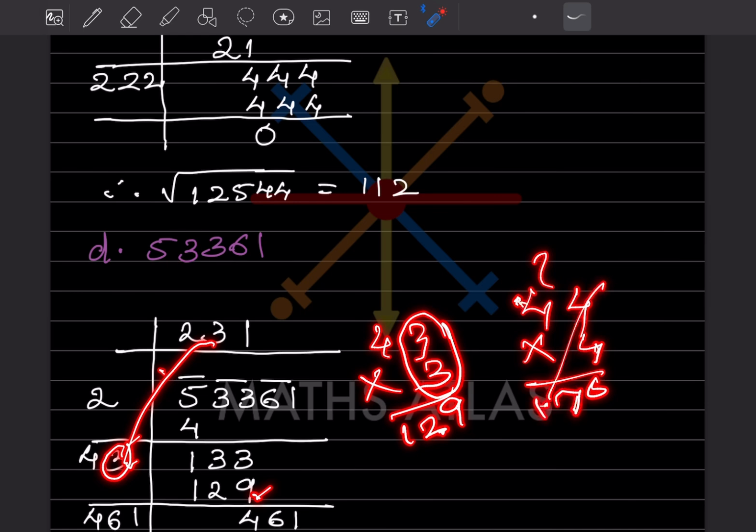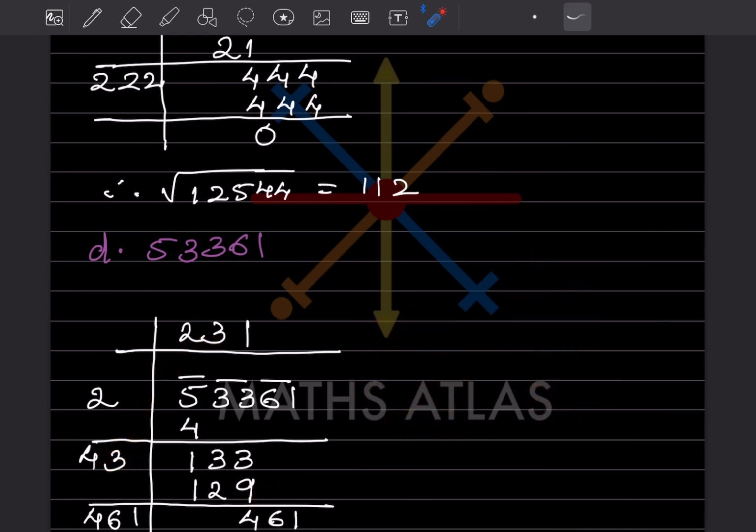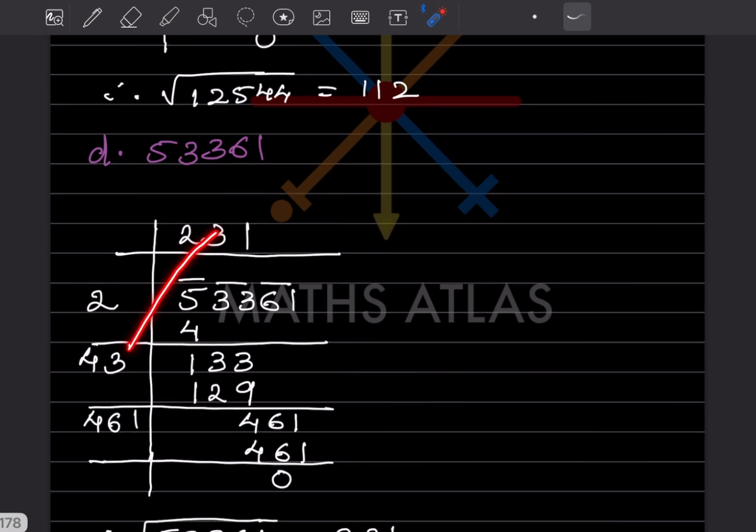So this is not possible. So now here what will you do? 43 plus 3, that is going to be 46. Now you can see the remainder here is 4. So you are going to take again these two numbers down. So now you have here 1. So you already have 46, so you write 1 here. So this into this one, that is going to be 461. So this is the answer.